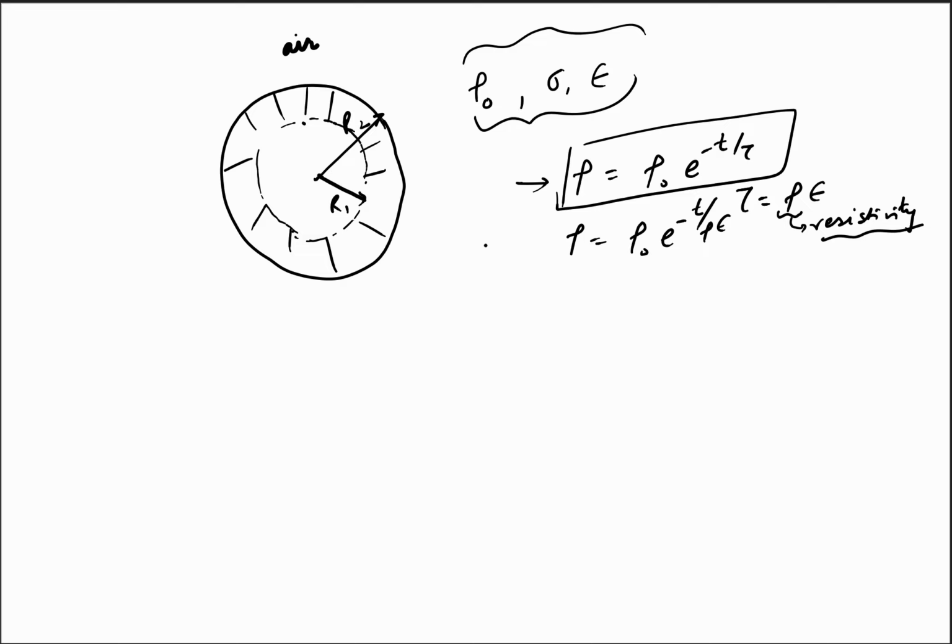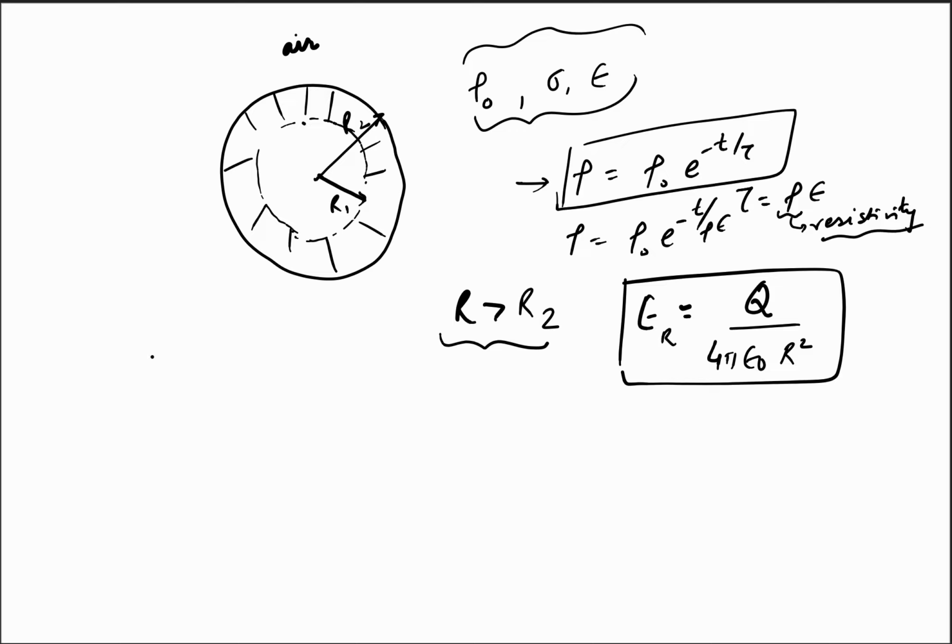Now, using Gauss law, we can find the electric field at various locations. So for r greater than R2, we can simply write the electric field as E, in the radial direction of course, E_r is equal to the total charge enclosed over 4 pi epsilon naught r square, where Q is the total charge given as rho naught into 4 by 3 pi R1 cube.